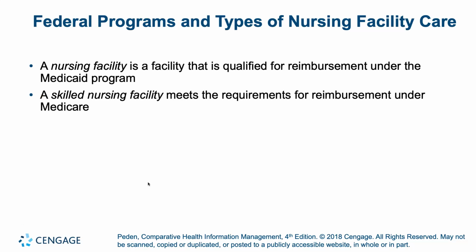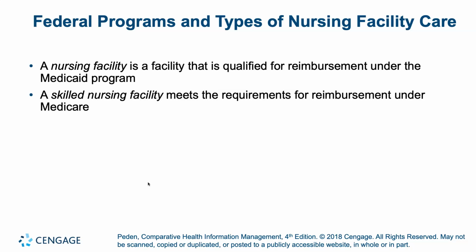So let's talk about reimbursement. An ICF, that nursing facility, can receive reimbursement under the Medicaid program. But a skilled nursing facility, or a SNF, is qualified for reimbursement under Medicare. It's that level of care. Again, think about it. An intermediate care facility is not providing as intense of services as a skilled nursing facility.